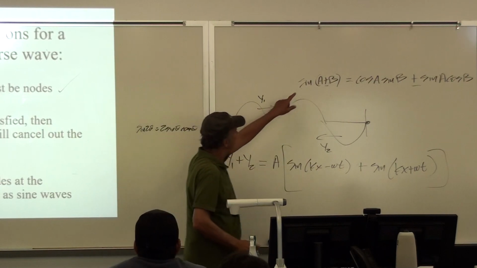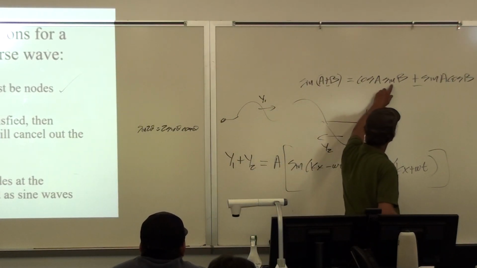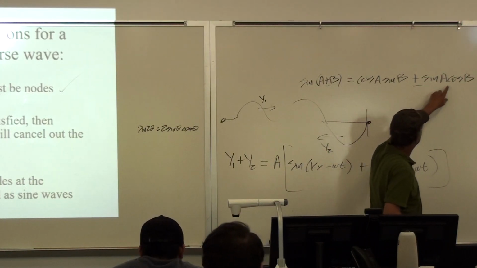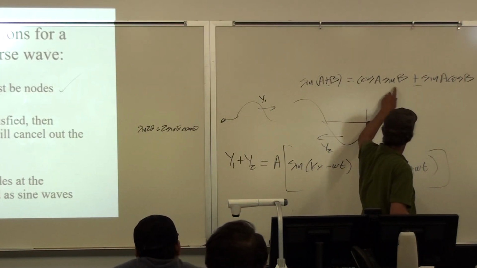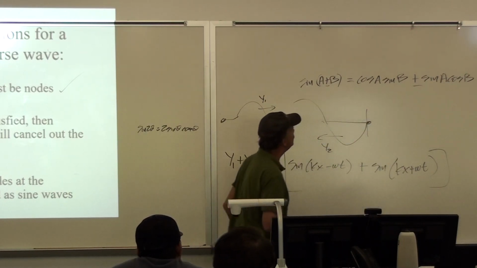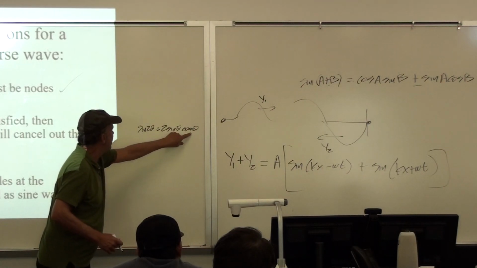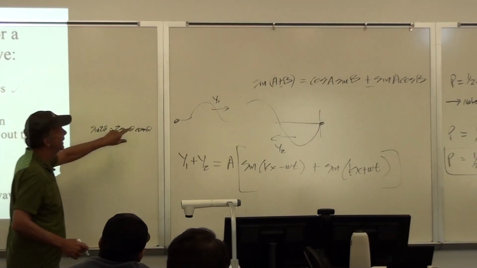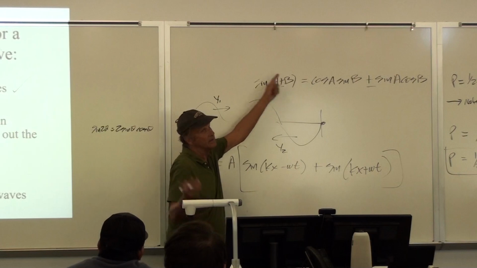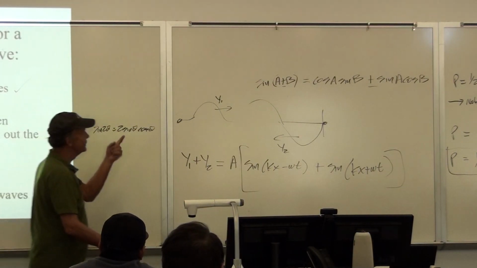So I say, okay, if A and B are the same, then this would be cosine A sine B, and this would be sine A cosine B. But if A and B are the same, then that would just be 2 times the cosine theta times the sine theta, and this would be the sine of 2 theta. So that's helpful, because you can just look this up if you want.